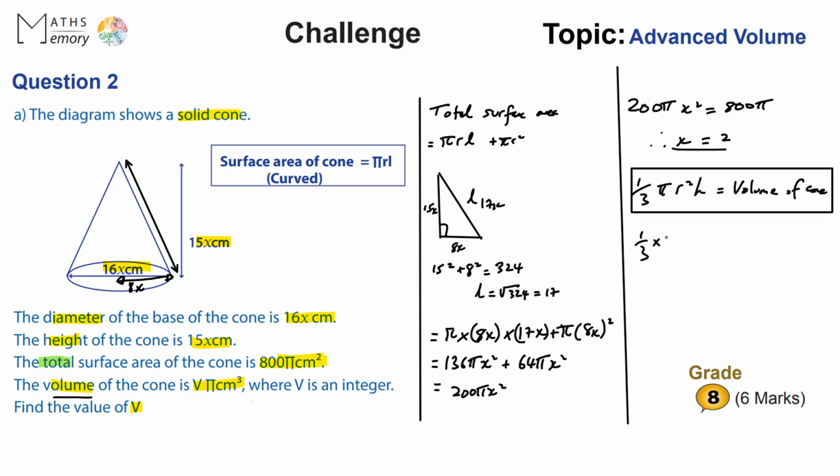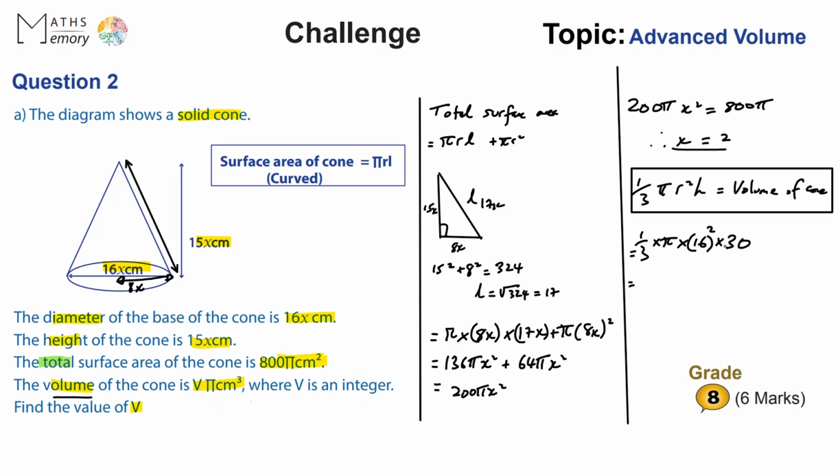Pi times r squared. Now, r is 8x, and x is 2, remember? So this will be 16. The radius of this cone is 16. The height would be 15 times 2, because x is 2. The height of this cone is 30. Can we actually simplify this?